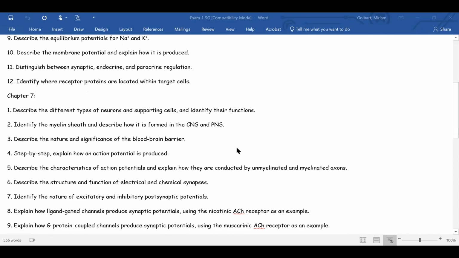Chapter 7 is our introduction to neurophysiology. So the different types of neurons, that's easy, mostly anatomy. The myelin sheath, right? The covering of fat tissue. The significance of the blood-brain barrier.